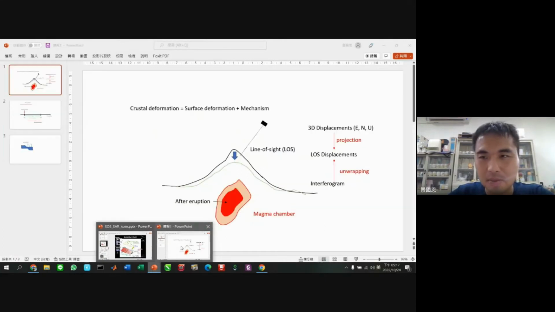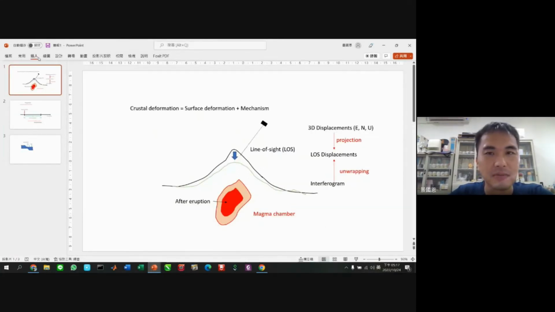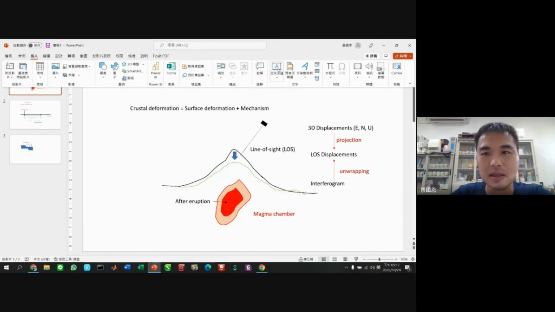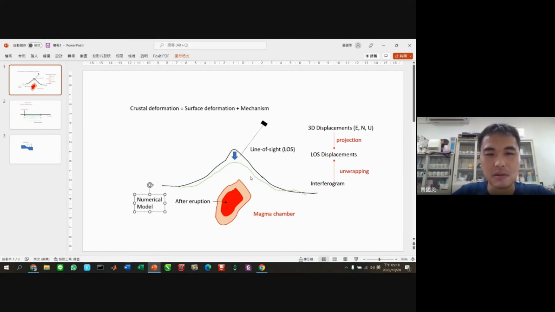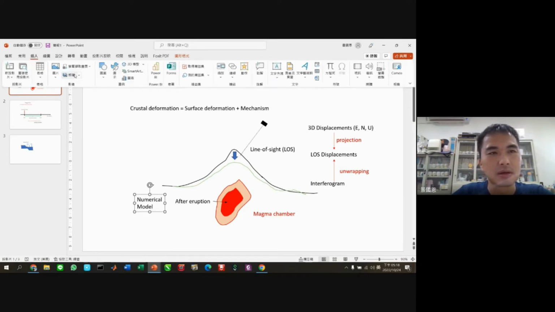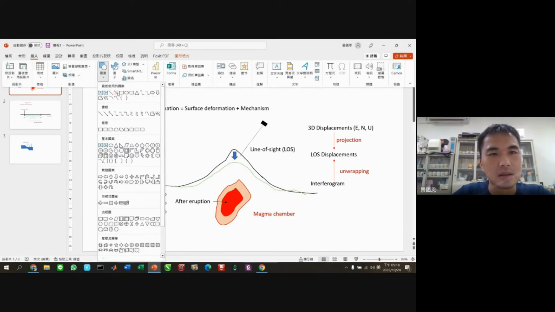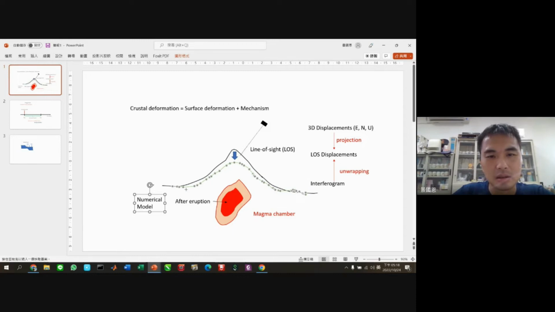So a numerical model is the key to connect the surface deformation and the mechanisms like this.